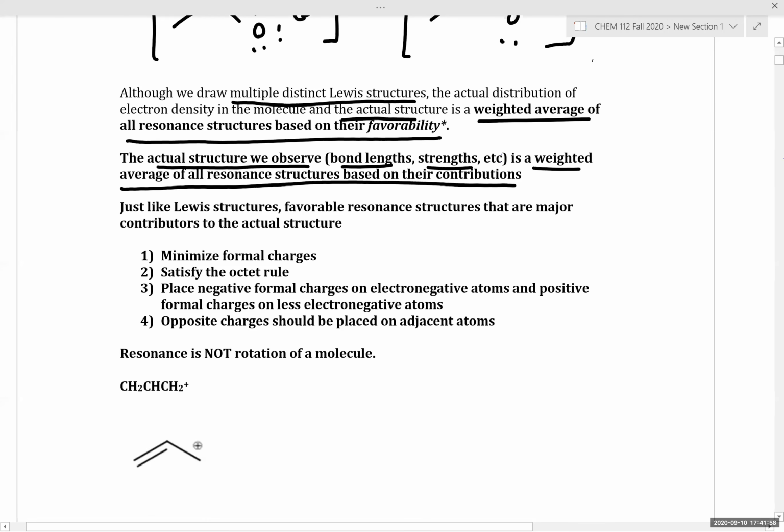So, just like Lewis structures, favorable resonance structures that are major contributors will minimize formal charges, will in general satisfy the octet rule, place negative formal charges on electronegative atoms, and will place positive formal charges on less electronegative atoms. And opposite charges should be placed on adjacent atoms if possible.